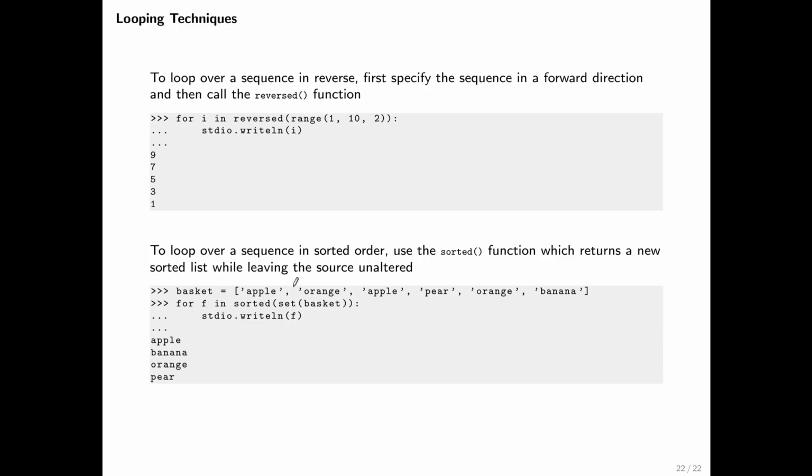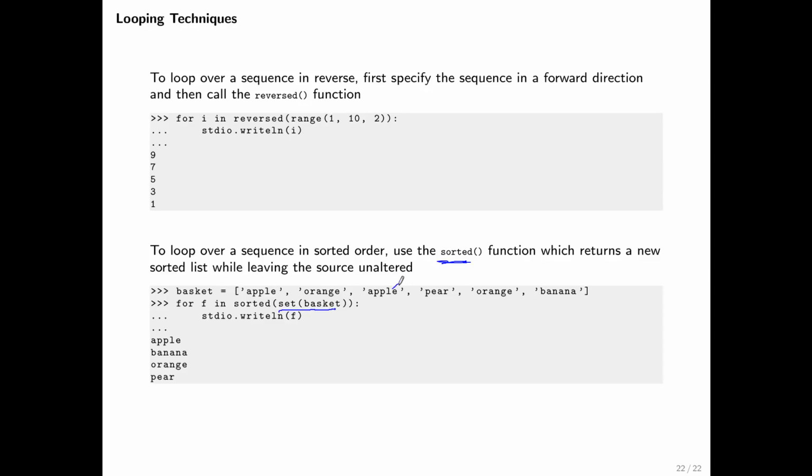And then if you want to loop over a sequence in a sorted order, you can use the sorted built-in function, okay, which simply returns a new sorted list without altering the original list. Okay. So let's say basket is a list that contains these elements in it. So what we can do is first turn it into a set, all right, which will remove all the duplicates.